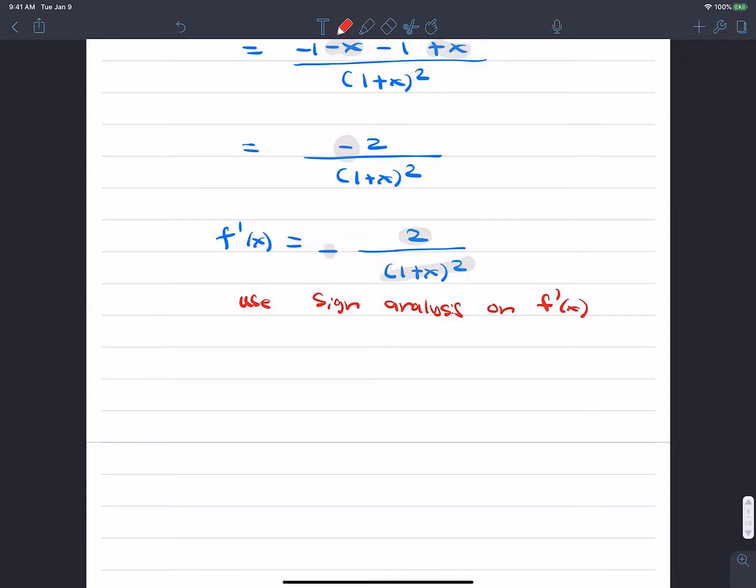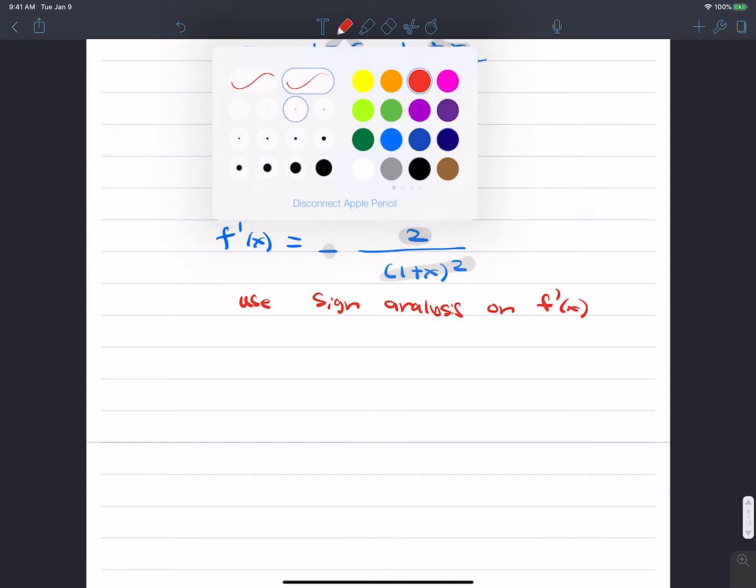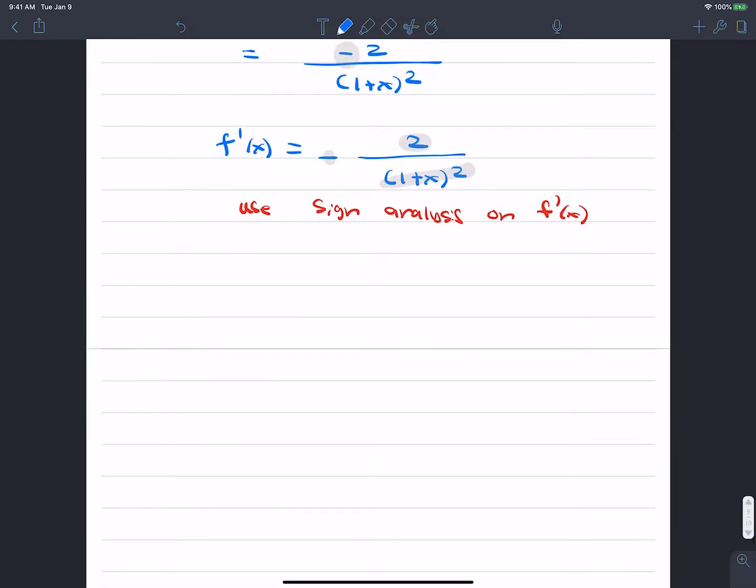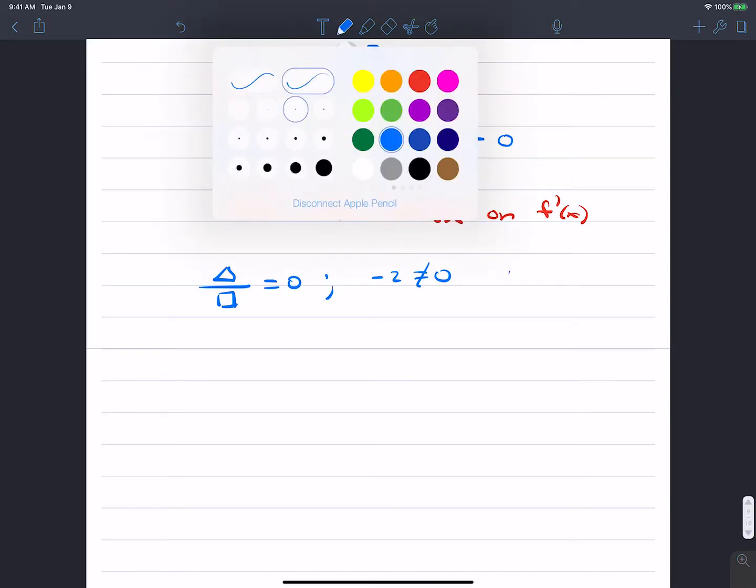So whenever you do sign analysis, you have to find where the numerator is 0. So what I'm going to say to you guys here is, this numerator, this term on top, is not ever equal to 0. Is that right? Because you have a fraction here. And they want to know, where is that fraction equal to 0? Well, you can say negative 2 is 0, but that's not true. This never happens. So your numerator is never 0.